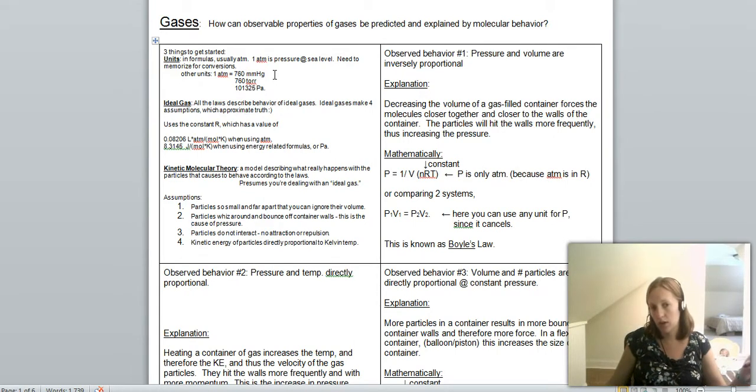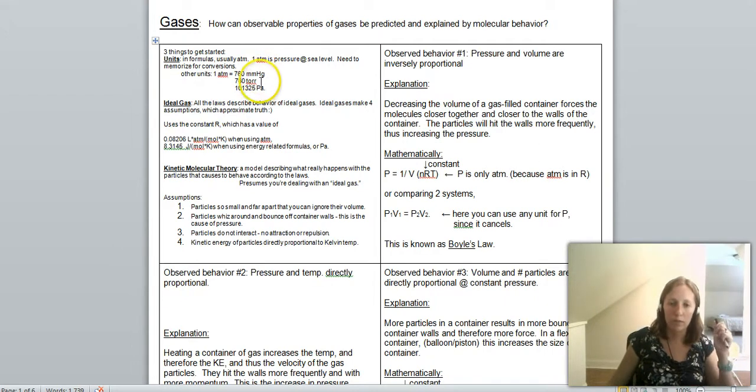Under typical conditions at sea level, the column of mercury sits at 760 millimeters high. So that's where that comes from, and that's the same as torr. So maybe you'll get units in millimeters of mercury or torr.